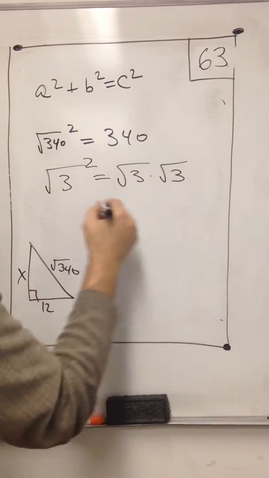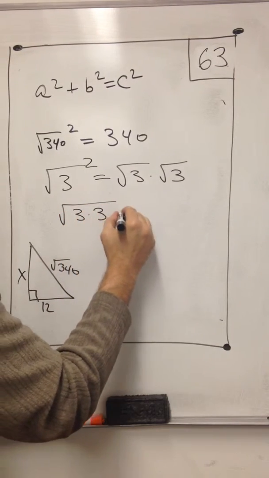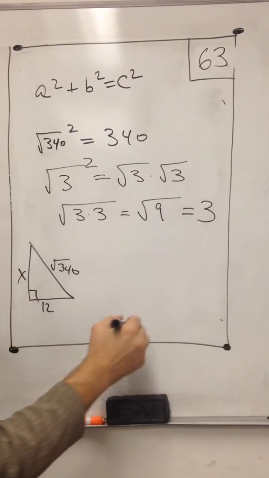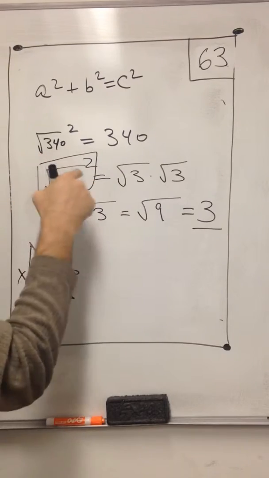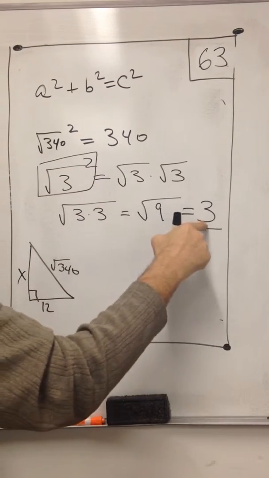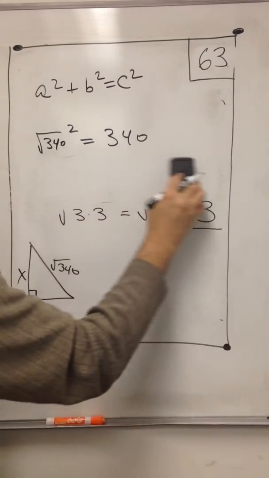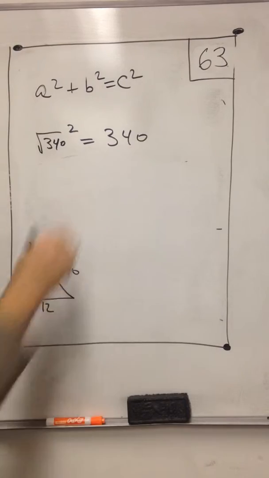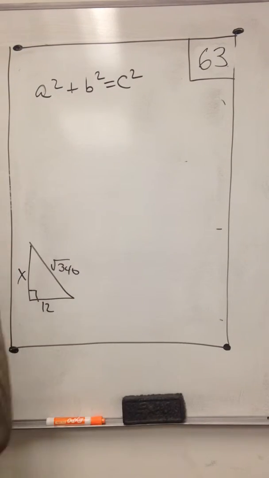You're allowed to put both those things under the same radical sign and say that's the square root of 3 times 3, which is the same as the square root of 9, which is the same as 3. The point is that if you're taking something under the radical sign and squaring it, the answer is just that number that's under the radical sign. So the square root of 340 squared is 340.